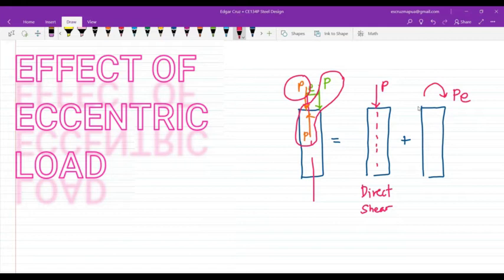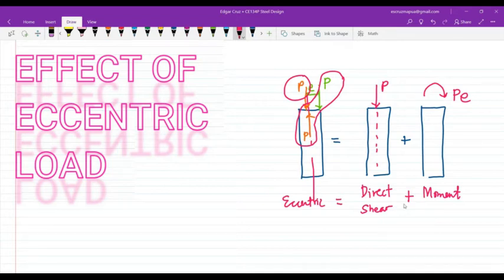So that would induce a moment or a couple. So that would be times E. So this would be due to moment. So again, this is eccentric shear that could be analyzed as direct shear plus moment. Okay, so direct shear plus moment.